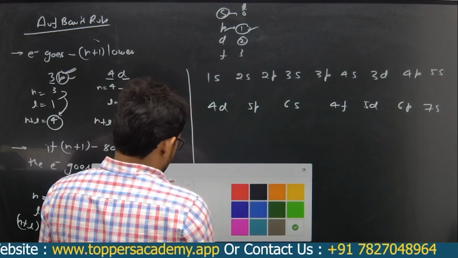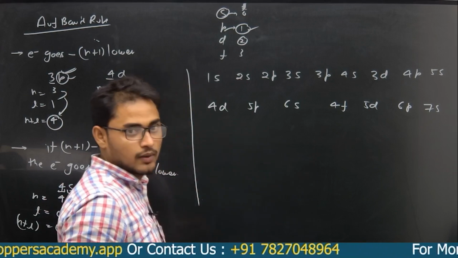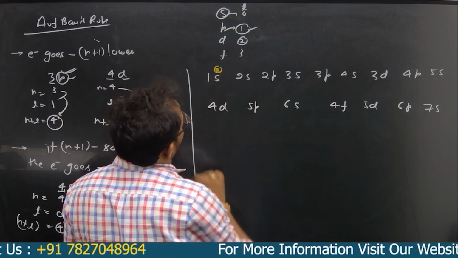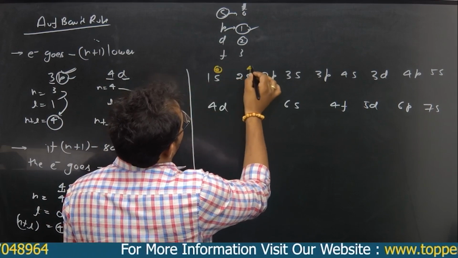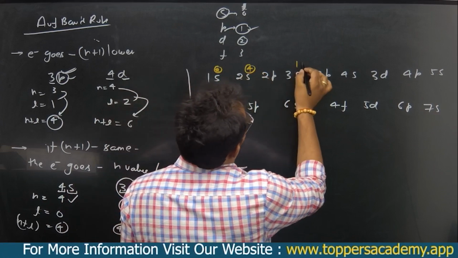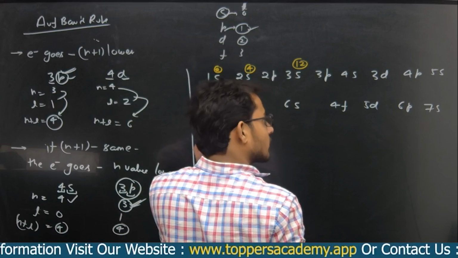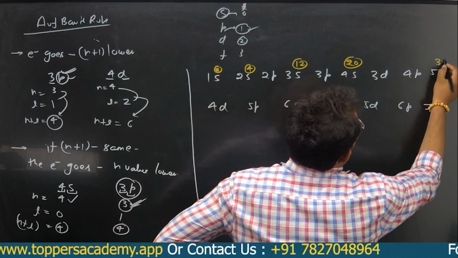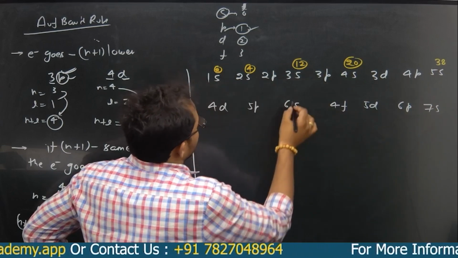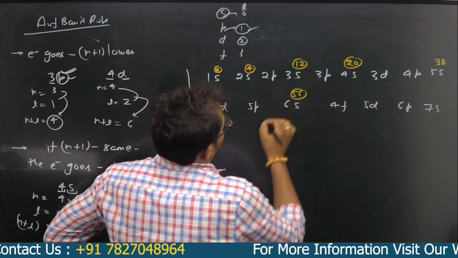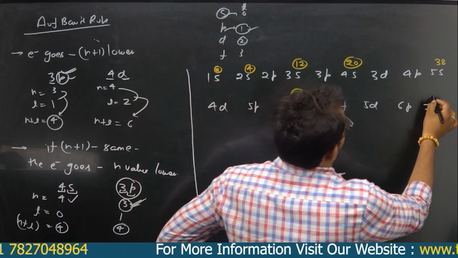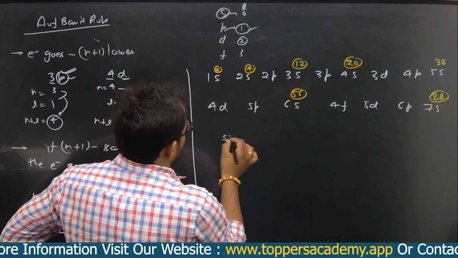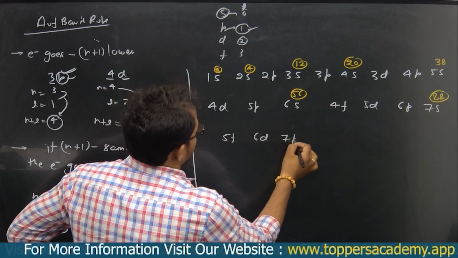Now I am going to write the number of electrons here. 2 electrons are filled here, 4 electrons, 12 electrons till 3s2, 20 electrons for 4s, 38 electrons for 5s, 56 electrons for 6s, 88 electrons for this 7s, then 5f, 6d, 7p, 8s.